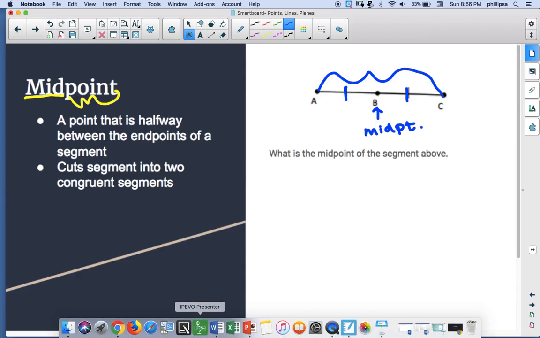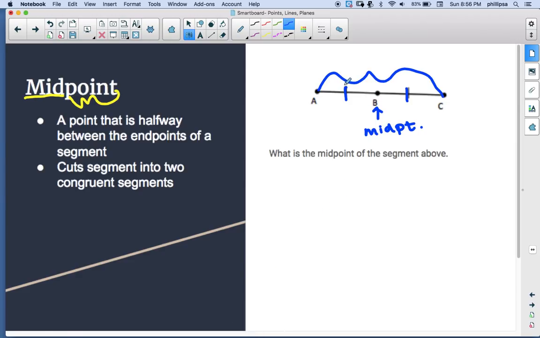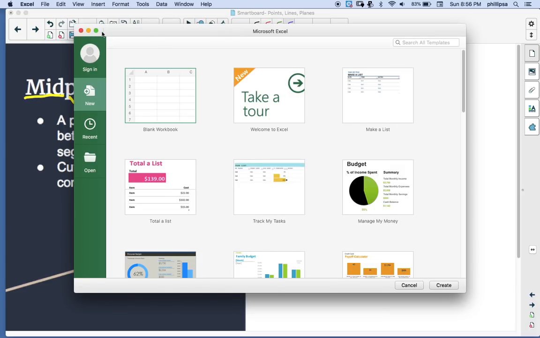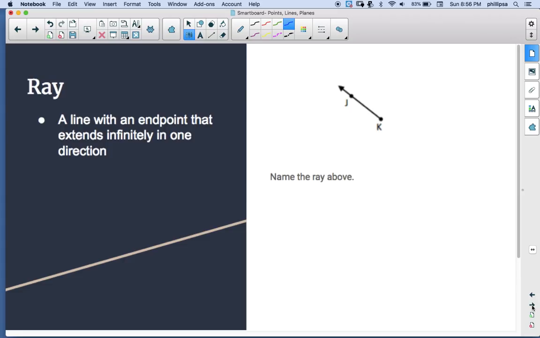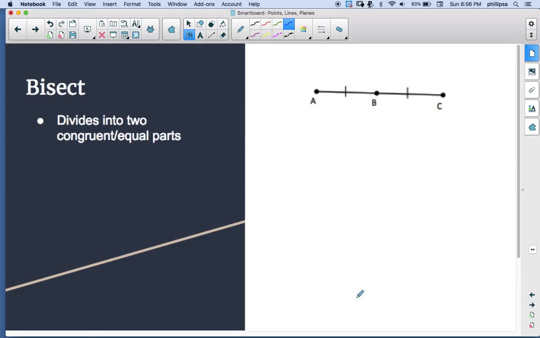So there wouldn't be any labeling for this. You can notate that it is dividing a segment by showing the two congruent sides, but there's no actual notation just for a midpoint. Okay, getting close to the end.